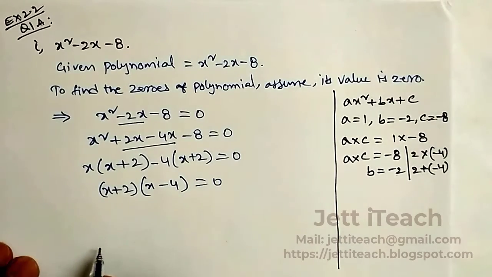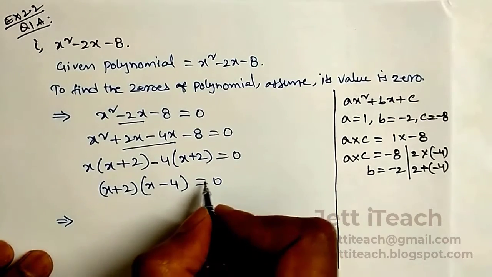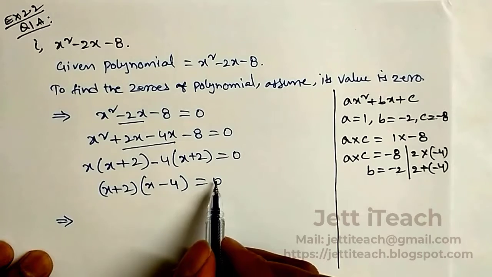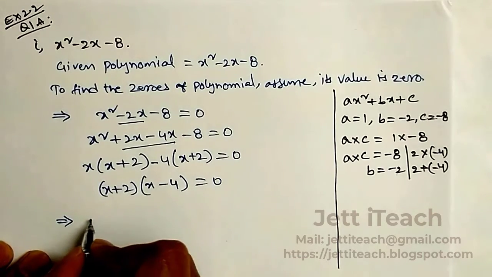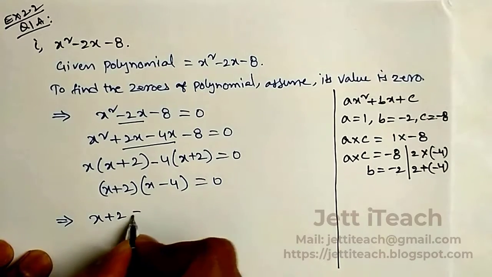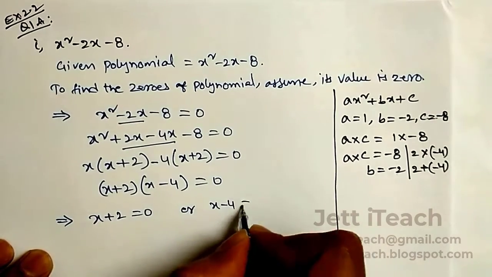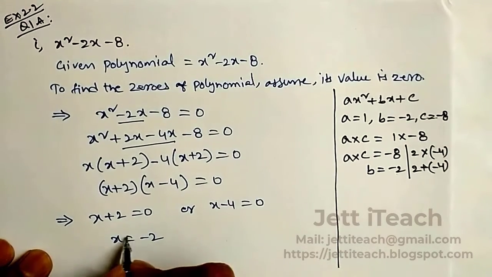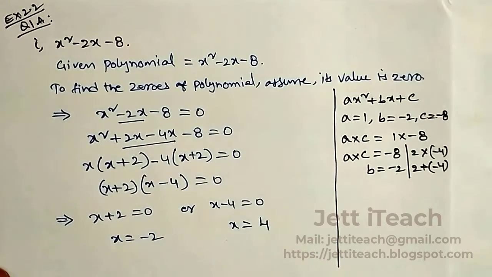Now, if you want this polynomial to become 0, either term should be 0. x plus 2 is 0 or x minus 4 is 0. So x is minus 2, or x is 4.